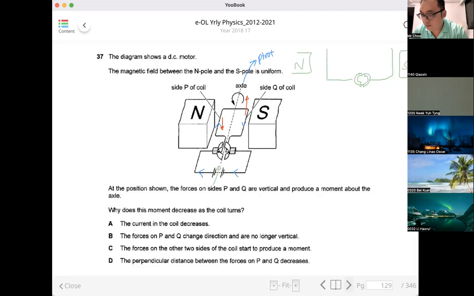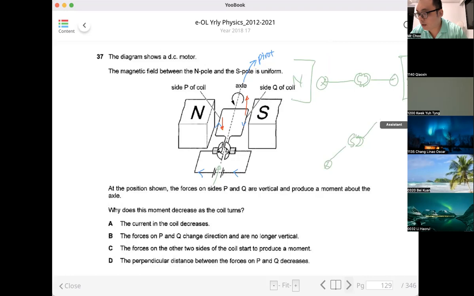If I look perpendicular to the thing, at first it will look like this. Current goes in, and then here it comes out. So this is the North Pole, and this is the South Pole. Then as it turns, like this, clear? This is going in, this is coming out. The South Pole and the North Pole are the same.